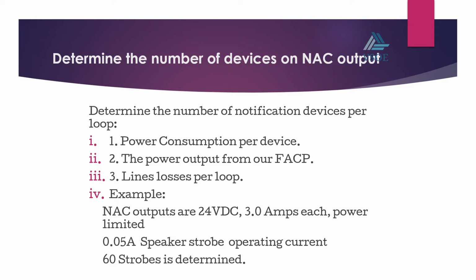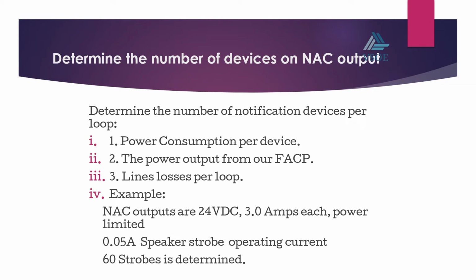So the power consumption per device is required to be understood, and the power output from our fire alarm control panel, right? We may consider the line loss as well.